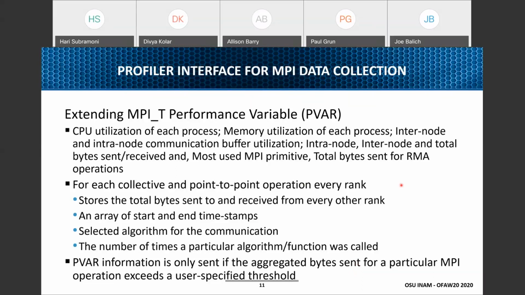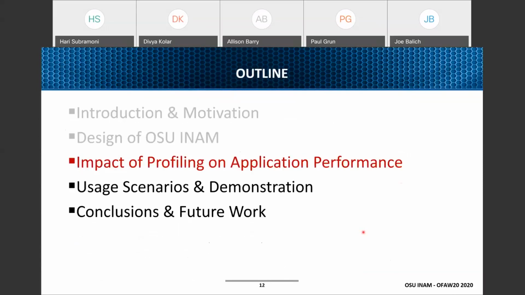This is the kind of granularity that this profiling interface provides, which can easily tell us which exact algorithm was being used for what message size, system size and job size. This gives you a white box approach into the MPI runtime, as opposed to the black box approach that we had earlier. It gives you a lot of fine-grained information that was previously unavailable.